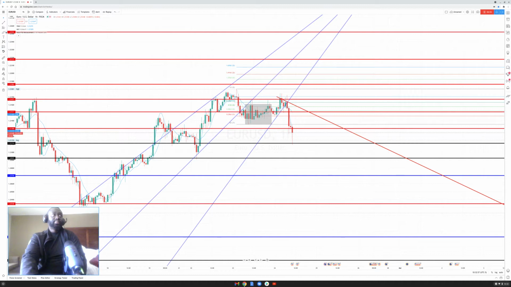So what it did was it broke structure, it broke the trend line. You have to be meticulous about your details when it comes to forex trading. So you see that it broke this. Let me use the red because we are in a downtrend now.